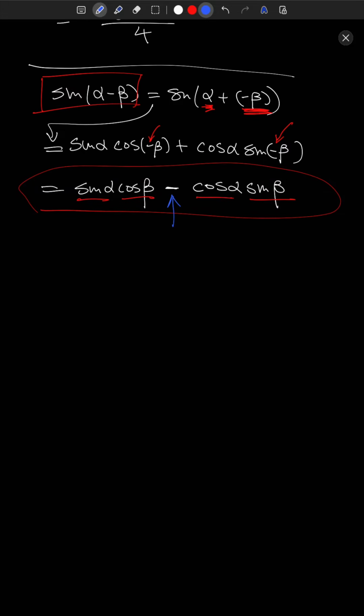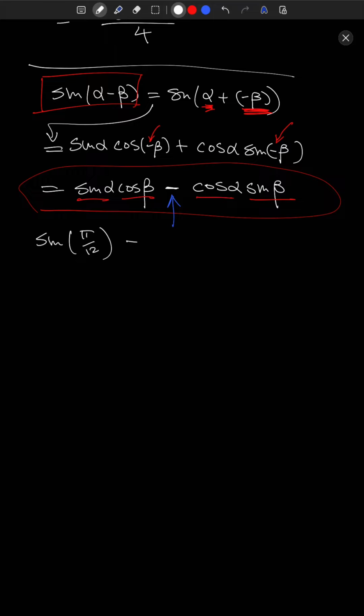Okay, so just like last week, the difference identity for cosine allowed us to calculate stuff like cosine of pi over 12, right? So now we're going to be able to calculate sine of pi over 12, right?